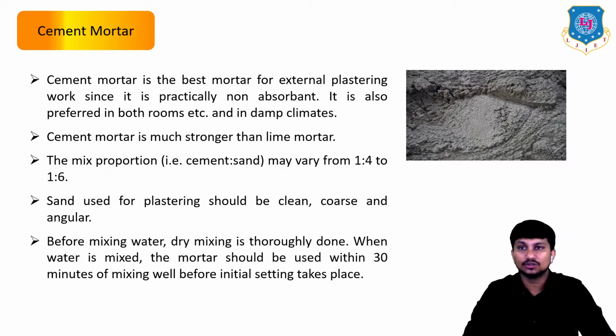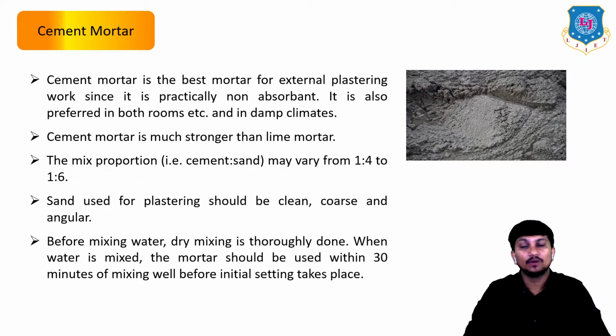The mix proportion of cement mortar, in which cement and sand are mixed, is 1 to 4 to 1 to 6. Here 1 is the cement part and 4 to 6 is the sand part. The sand used for plastering should be clean, coarse and angular. Before mixing the water, dry mixing is thoroughly done.